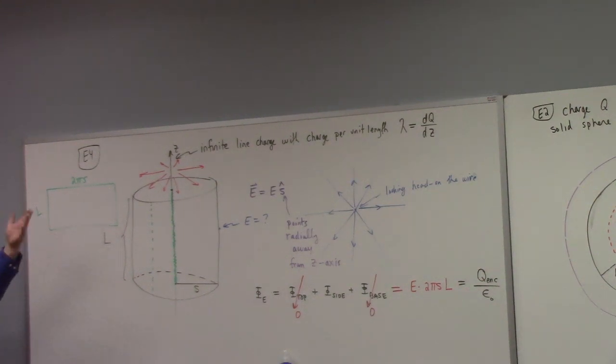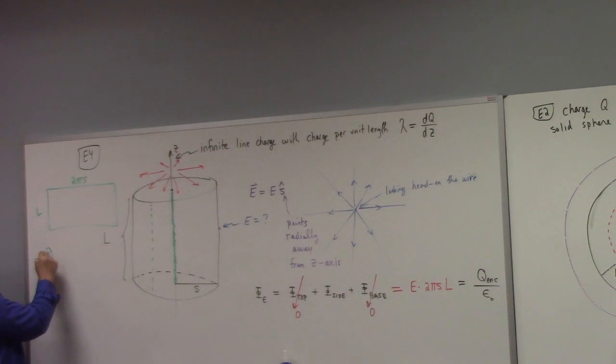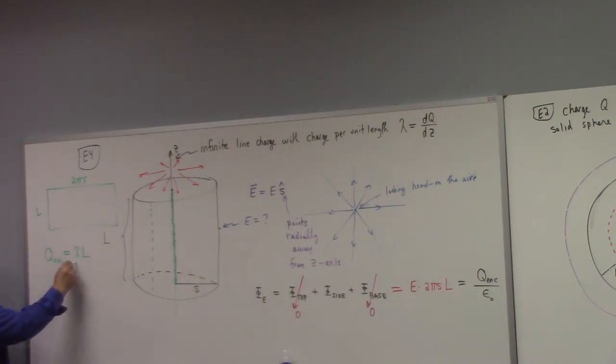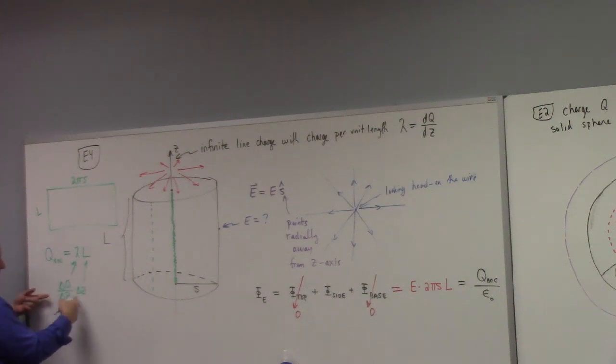So then, what's the charge enclosed? Well, we take the charge per unit length, which is defined to be lambda, times the length, which is, by our construction, L. So the charge enclosed is simply equal to lambda times L. Because lambda is the change in charge per change in z, and this L is the change in z for our object, that gives you the total charge on that line segment.